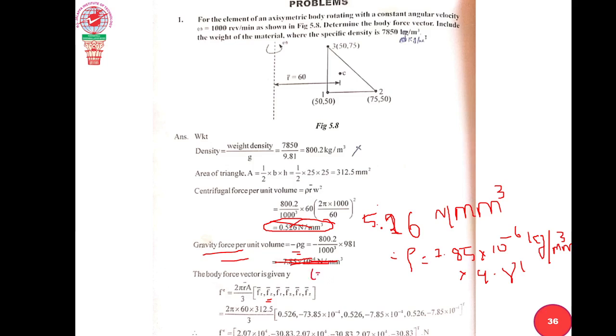Minus 7.7 into 10 power minus 5 Newton per mm cube. Correct? All of you got that value?